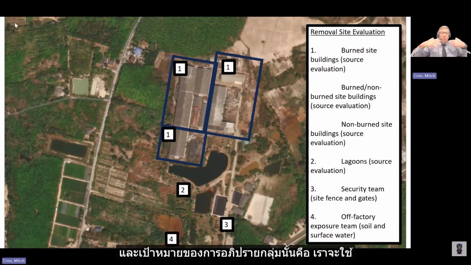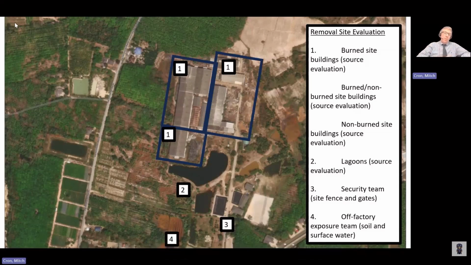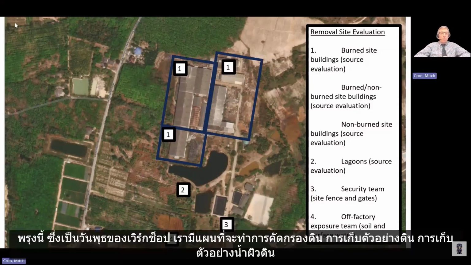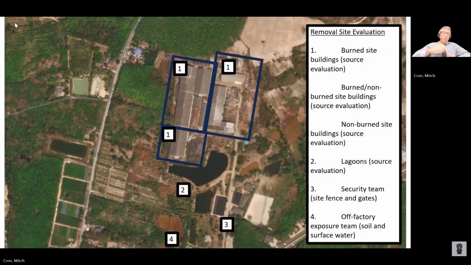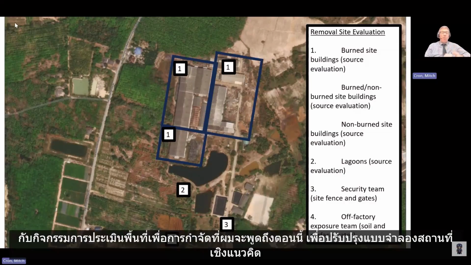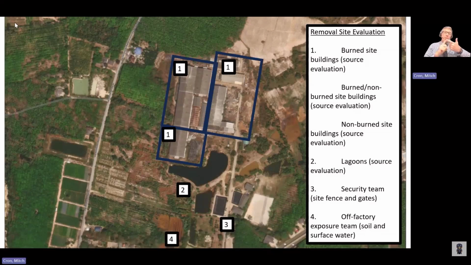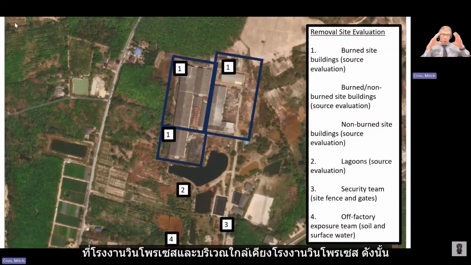The goal of that group discussion will be, how can we use the activities that we have planned tomorrow, which is Wednesday of the workshop? We have plans to do soil screening, soil sampling, surface water sampling. How can those activities be coordinated with the removal site evaluation activities that I'll talk about right now to improve the conceptual site model and to identify exposure problems on the Win Process site and near the Win Process site?